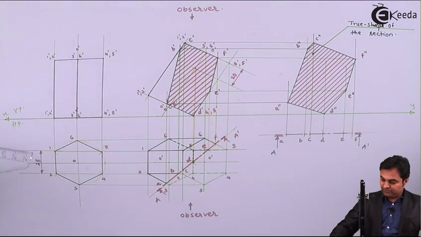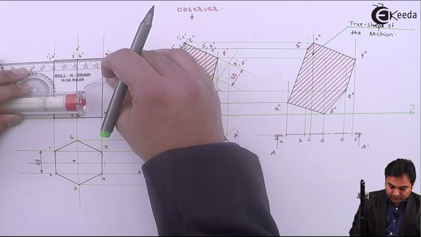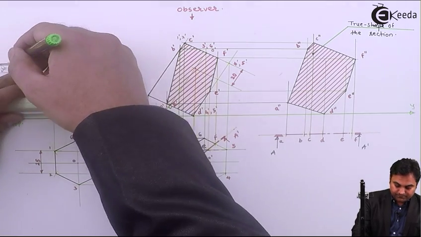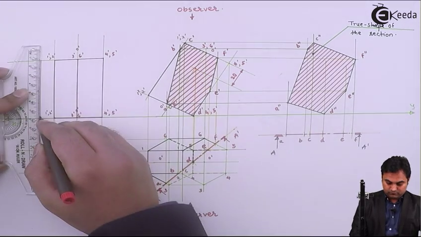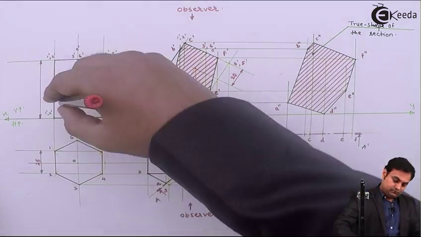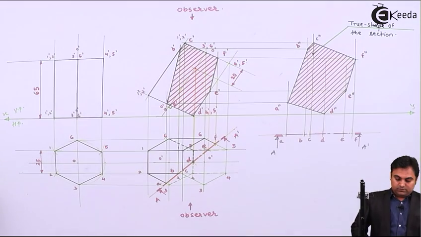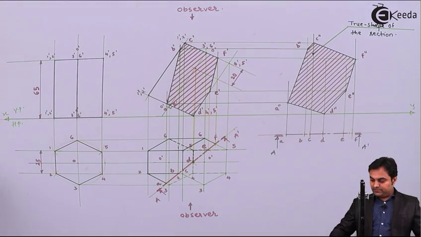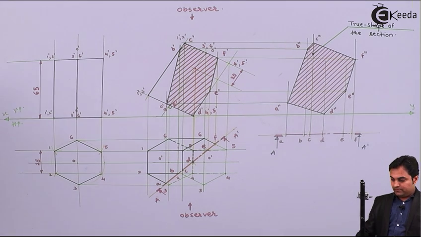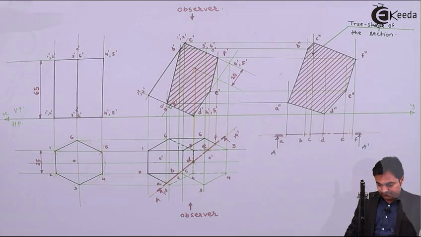Axis height was 65, or we can say the height of the hexagonal prism. This height is 65 mm, and then I'll mark the inclination of the cutting plane and even the base edge.